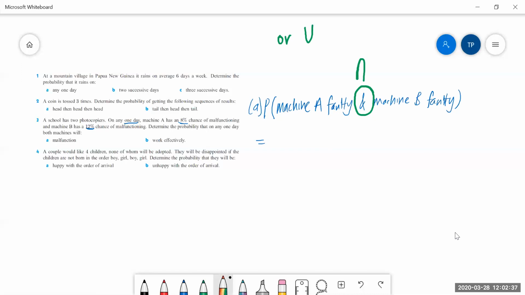So right over here, it will become the probability of machine A faulty times the probability of machine B faulty. Then it equals 8/100 times 12/100.